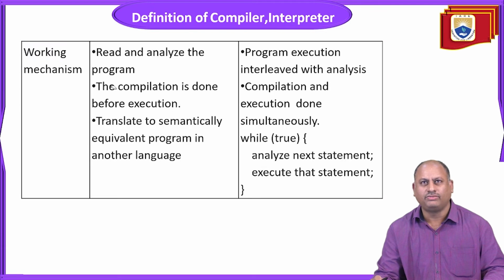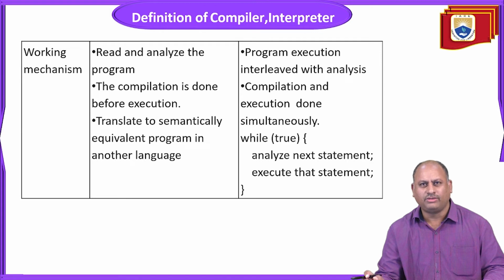Now one more difference is how the internal process of working takes place in a compiler and an interpreter. We already discussed that the compilation process is done first. That means any errors are notified and shown to the user.